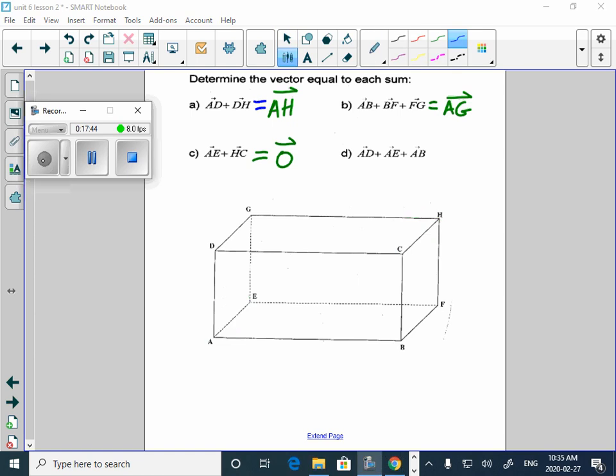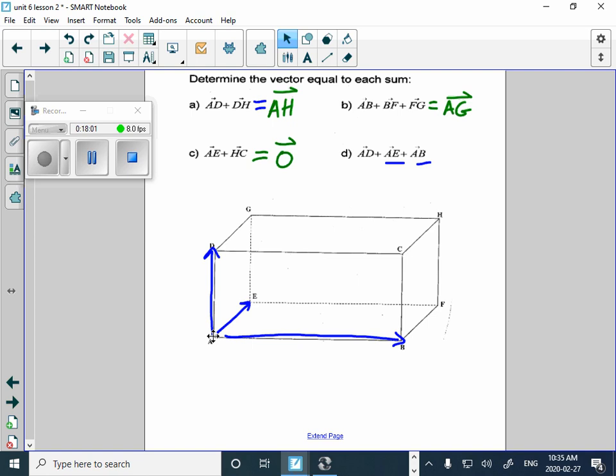The last one is interesting, AD, so going upwards. And then AE is like going backwards. And AB is like going to the right. So if I do AD first, and then instead of drawing it as AE, I draw it as DG because that's the same vector.